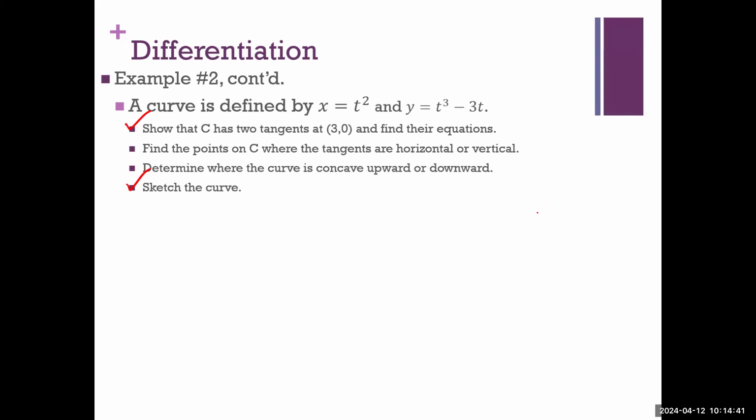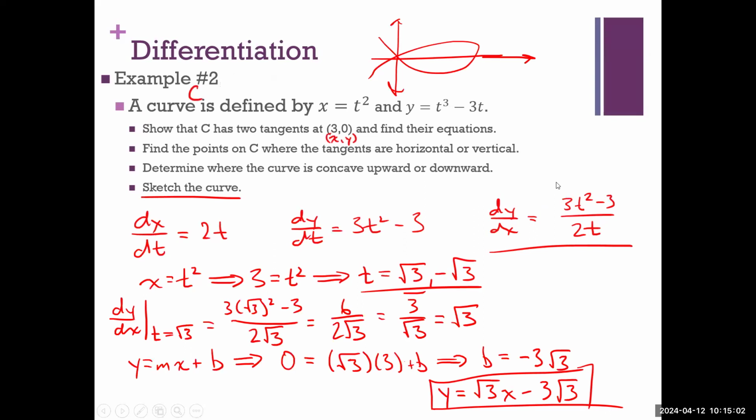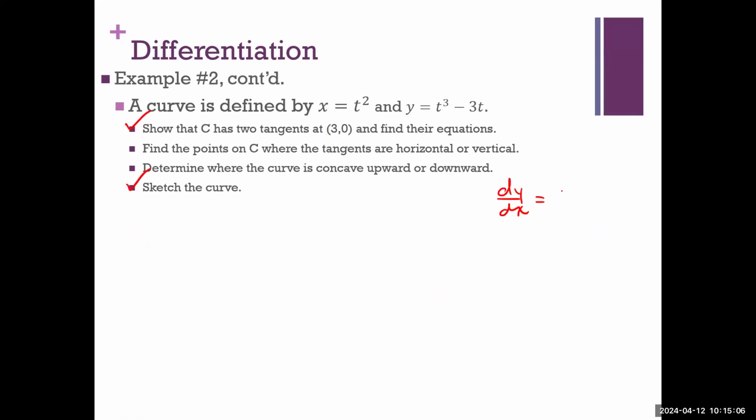What does it mean for a tangent to be horizontal? The slope is 0. So what tells us the slope? dy/dx gives us the slope, which is 3t squared minus 3 over 2t.